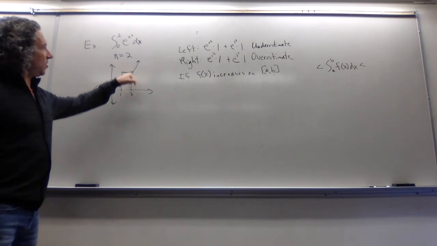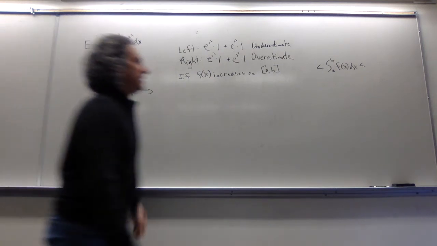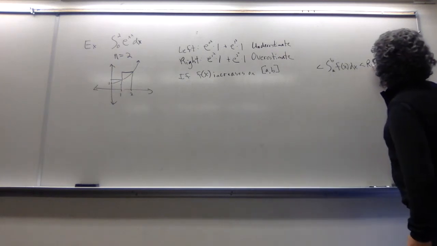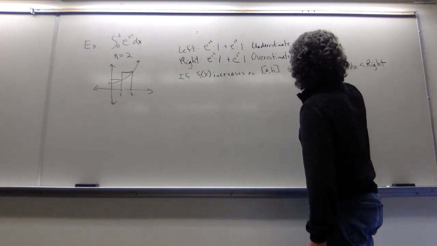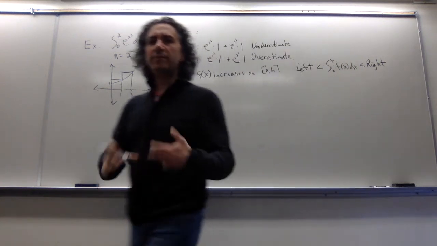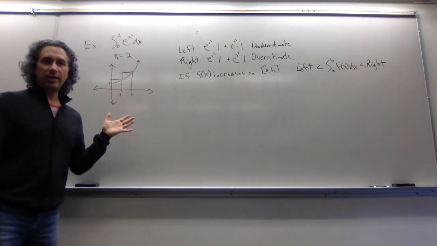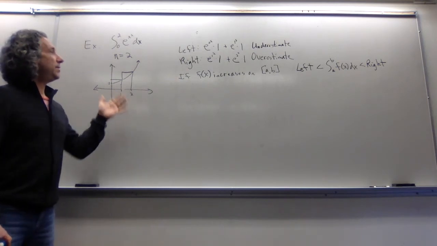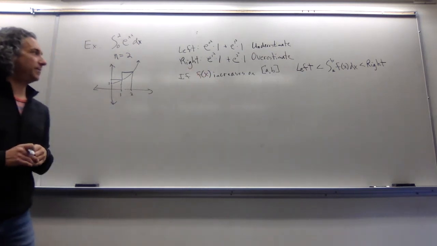I'm always taking the larger value of the two. So I guess the right sum is going to be larger, and the left sum is going to be smaller. This is one of those things that you don't want to memorize. All you need to do is draw a picture, and it will clearly show you whether the left sum or the right sum will be larger or smaller.